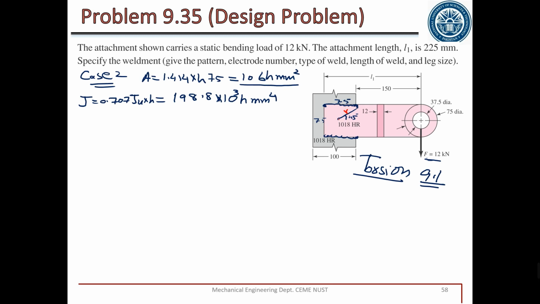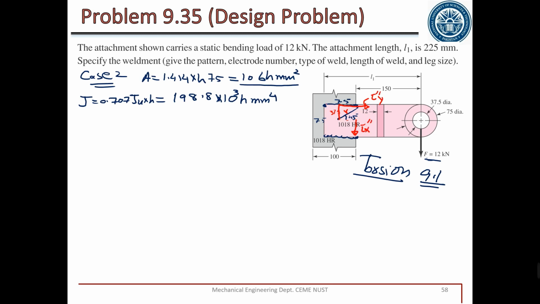solve for the x and y. For example, if you take this value, we know that this is 37.5, and due to this force, the secondary shear is tau double prime y, and similarly for this moment arm, this is tau double prime, let's say, x.